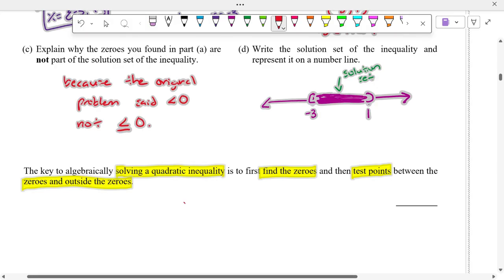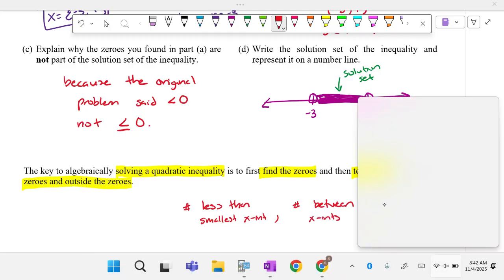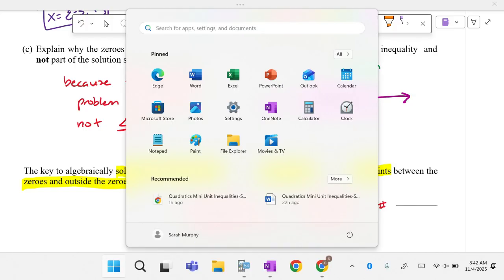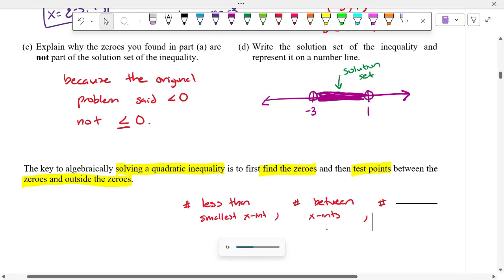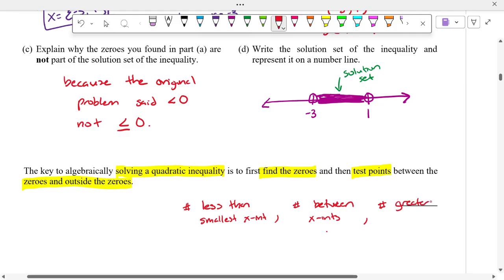So in other words, your numbers would be a number less than the smallest zero, or smallest x-intercept, however you want to put it, a number between the x-intercepts, and a number greater than your larger x-intercept.